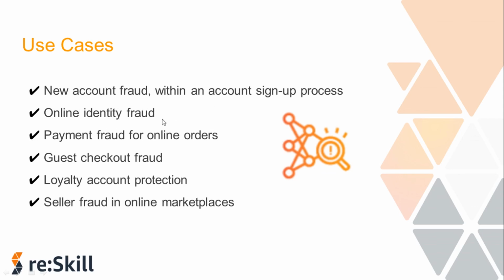Some of these examples I gave you earlier also while describing what is fraud detection, and payment fraud for the online orders, then guest checkout fraud, also the loyalty account protection, and also seller fraud in online marketplaces.